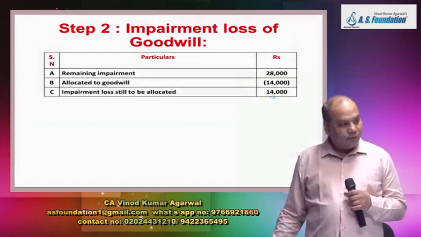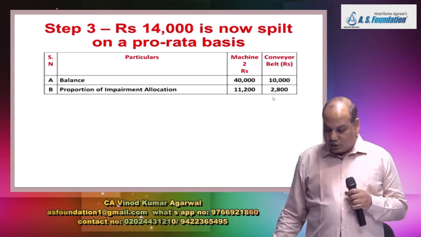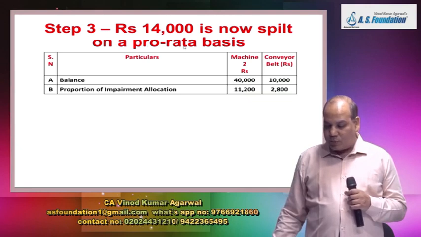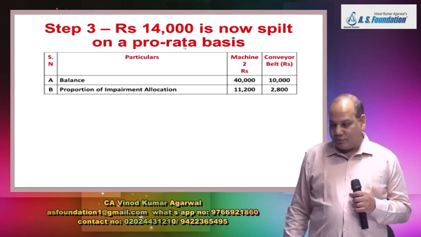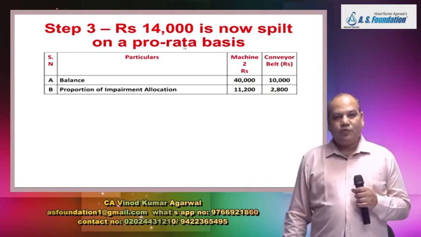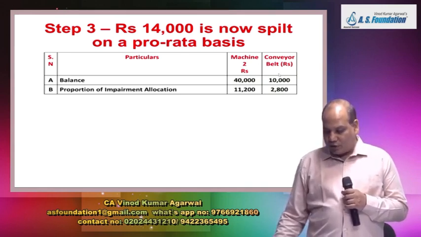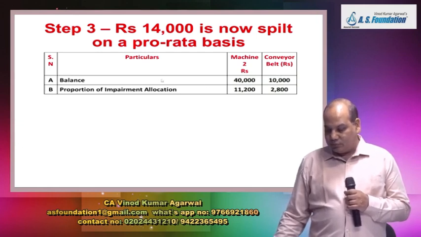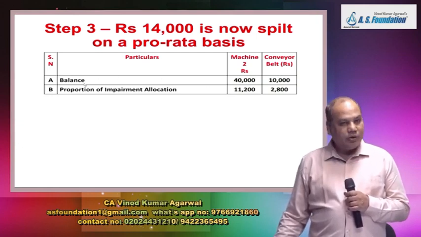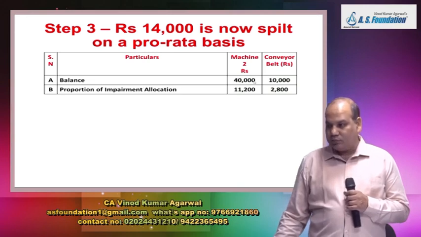Now how much is remaining? 14,000. So in the next step, what we will do? Step 3, rupees 14,000 is now split on a pro rata basis between machine 2 and conveyor belt. What is their balance? Point number A, balance 40,000, 10,000, 4:1.